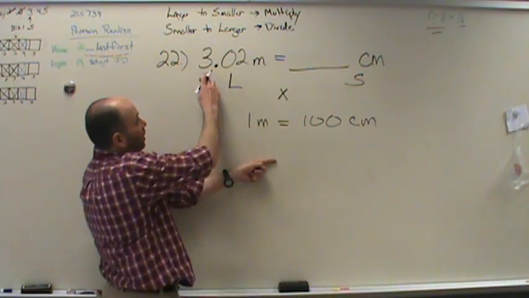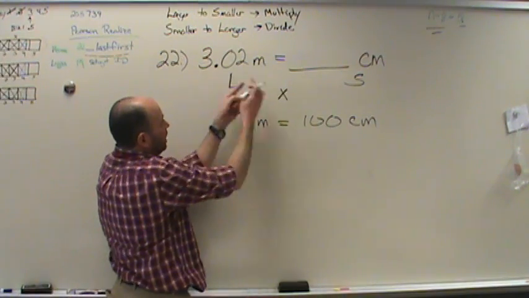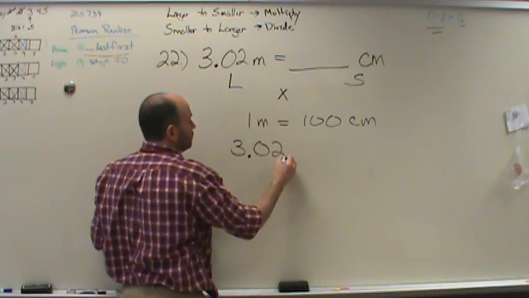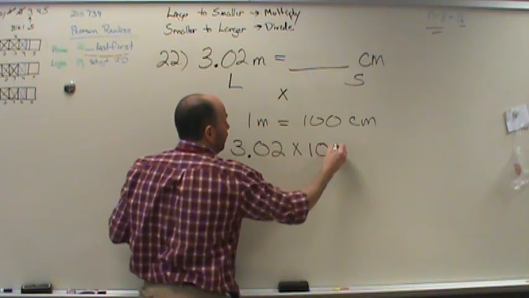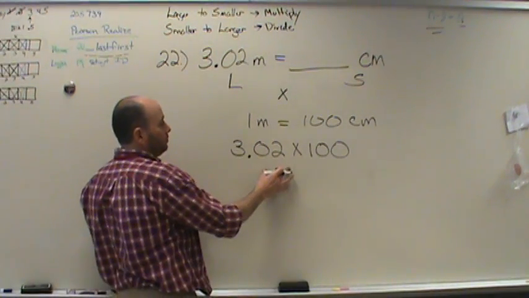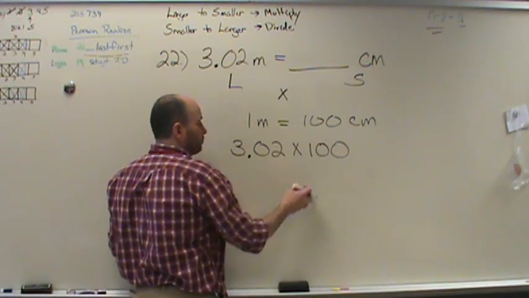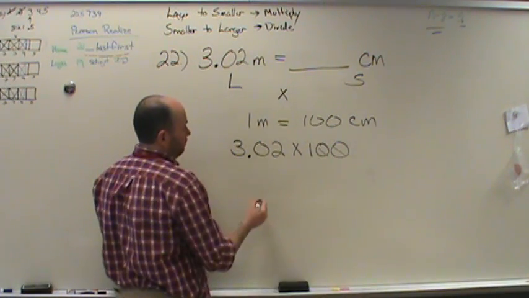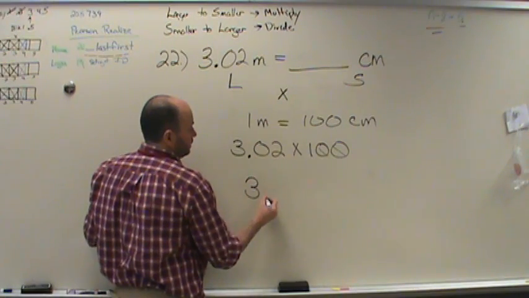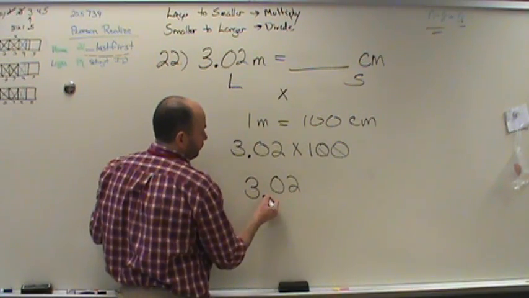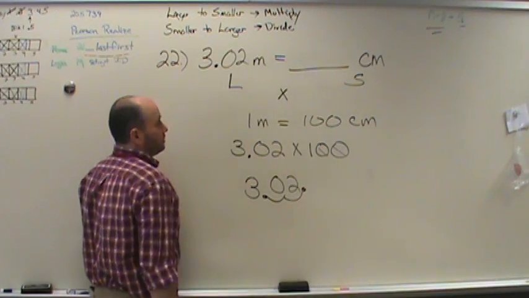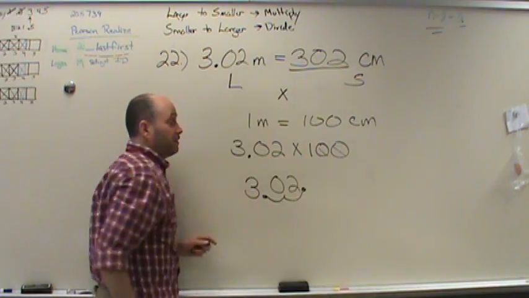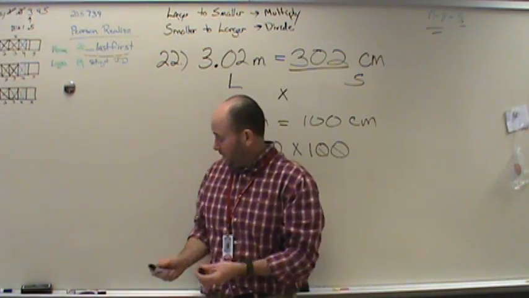So we will multiply this amount by 100. So we're going to take 3 2/100 times 100. And when we do that, we can just move our decimal to the right because we're multiplying, the number of zeros that we have. So we're going to go over 1, 2 places to the right, which gives us an answer of 302 centimeters.